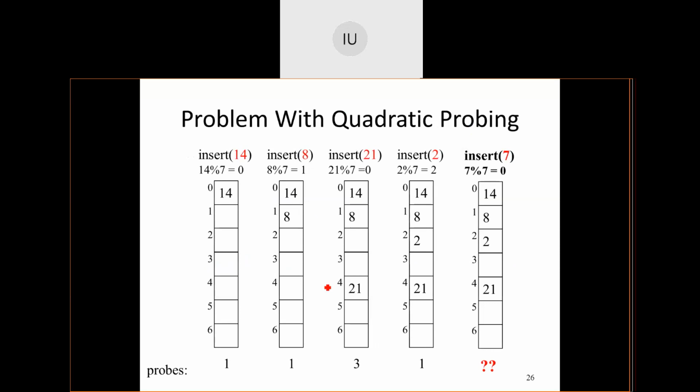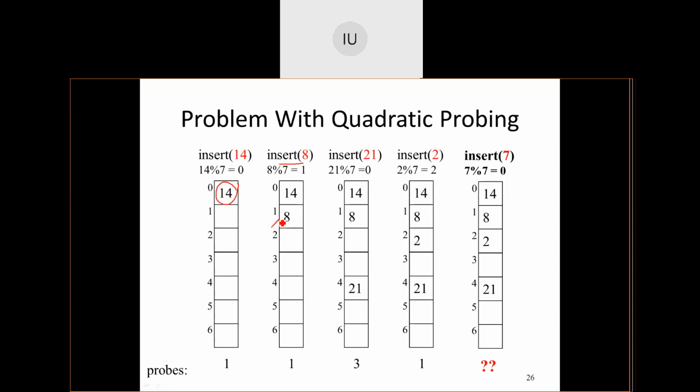Yes. Take this example. Okay. Guys, you have a table of size 7. Now, I have tried to insert 14. 14 mod 7 will get into 0th position. This is all right. 8 mod 7, next I try to insert 8.